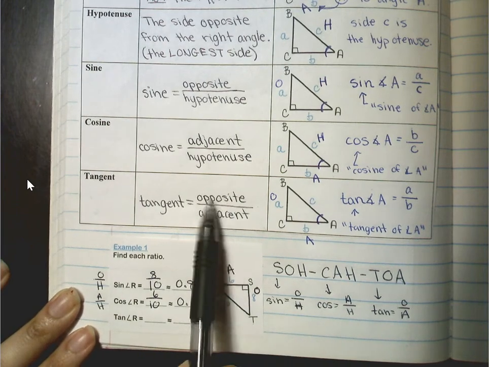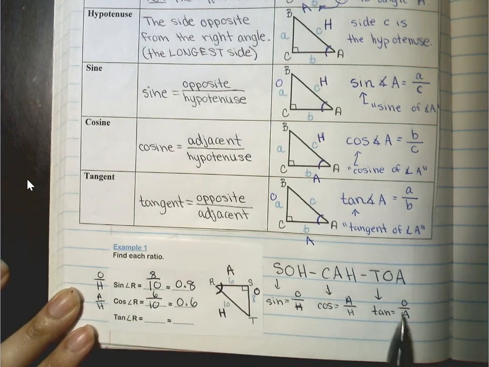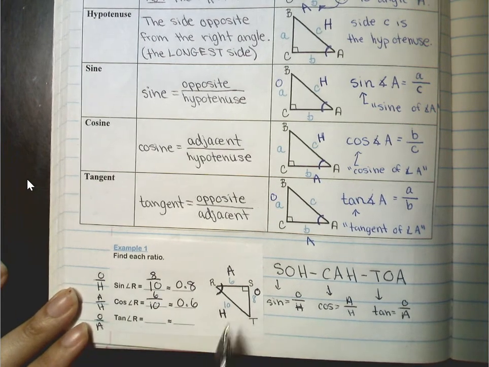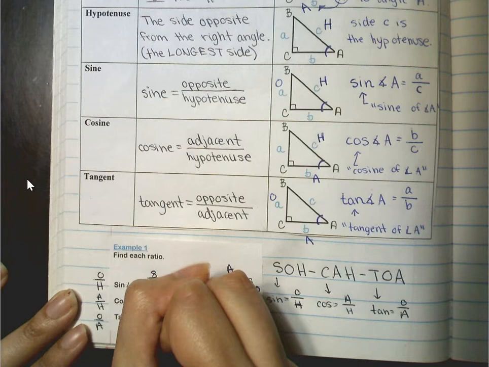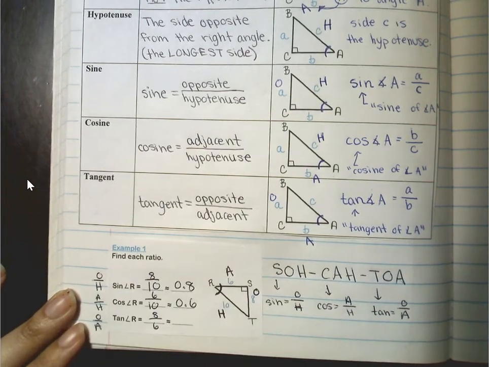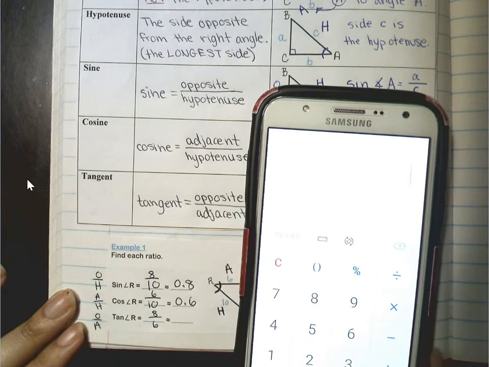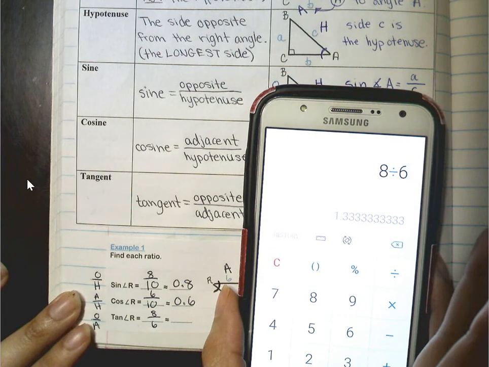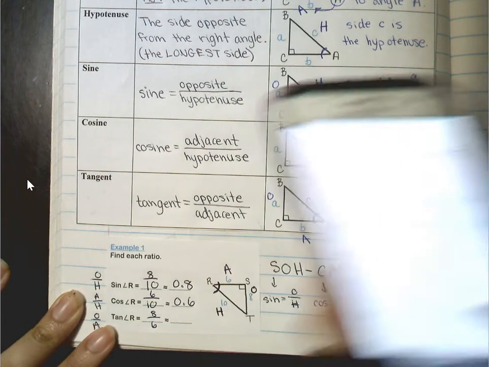Tangent, my formula, I have it right here, opposite over adjacent, O over A. The opposite is 8. The adjacent is the 6. So 8 over 6, change that into a decimal, type it in the calculator, 8 over 6. That's 1.3 repeating, rounding to the nearest hundredth, so I'm going to say 1.33.